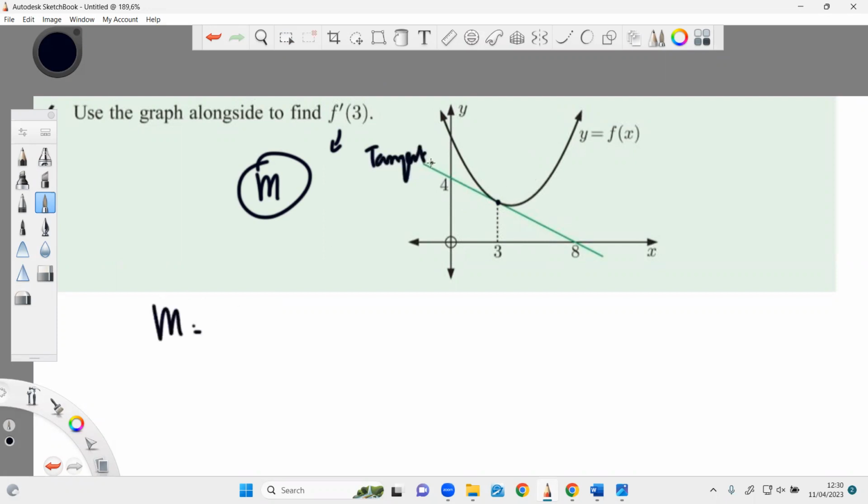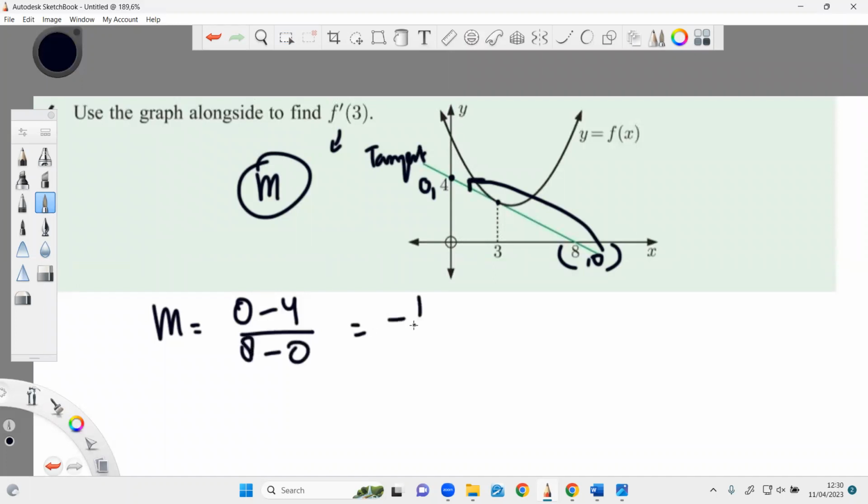The tangent line passes through (0, 4) and (8, 0). So you just write the gradient formula, 0 minus 4 over 8 minus 0, which means negative half. That's all. Simple. Okay, so f accent is equal to gradient. That's for you to memorize.